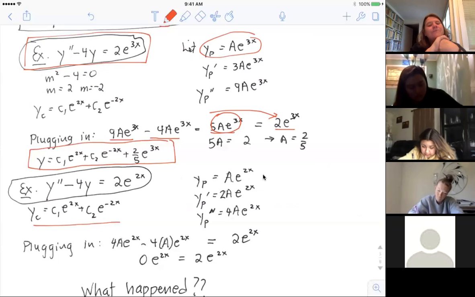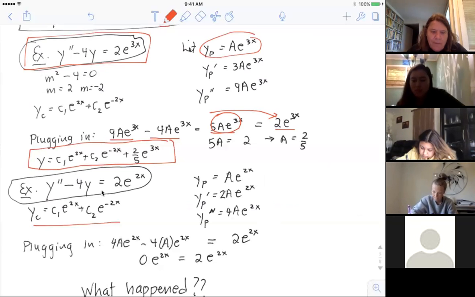I'll go slow and allow you to catch up. I'll do what I always do. I'll take the derivative of these things. I need a y double prime because it's a second order DE. So here I'll get a e to the 2x. Here I'll get 2a e to the 2x. And then 4a e to the 2x.